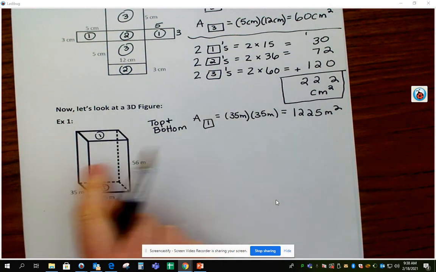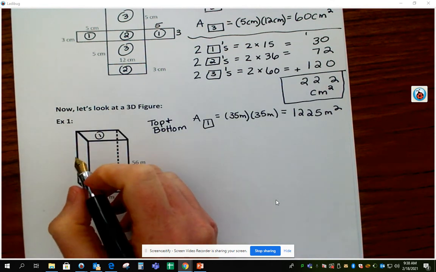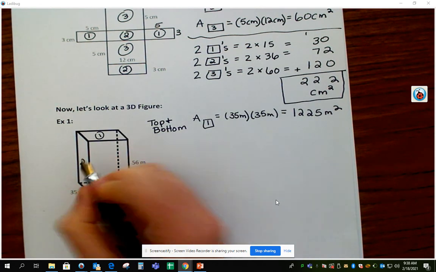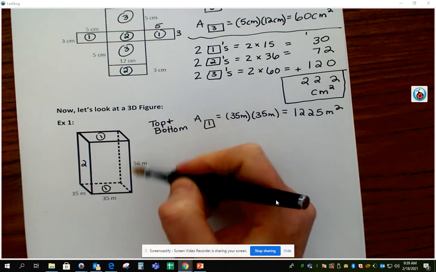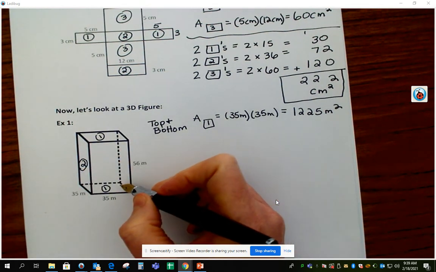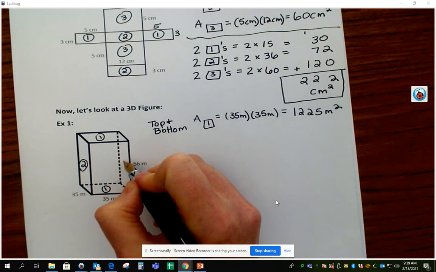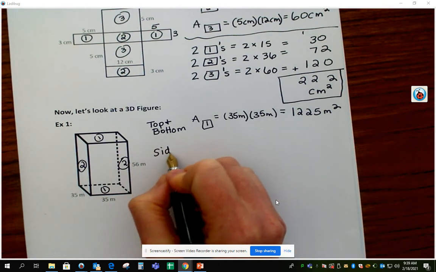Let's look at the sides. So I notice that the side here is going to be 35 by what? 56. Okay, and the side here is also 35 by 56. Okay, so let's take the sides.